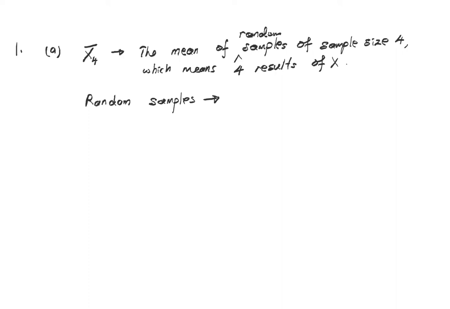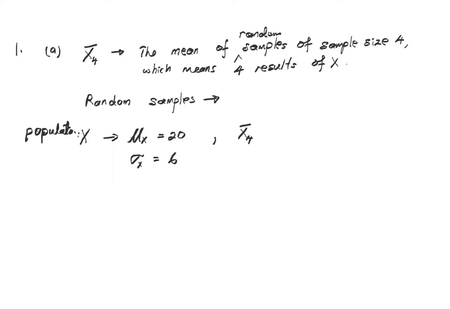Okay, so now, can everyone do part A? Every time you have X bar something, you must try to explain. You will see this in question 2. So my X is the population. The mean for X of the population is 20 and the standard deviation of the population is 6. This is my sample mean of sample size 4.